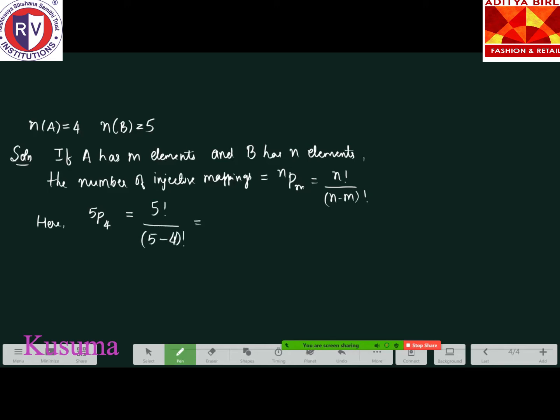So 5 minus 4 is 1, and what is left out is 5 factorial. You know how to expand the factorial, right? So 5 factorial is nothing but 5 into 4 into 3 into 2 into 1, which is equal to 120. Therefore, the number of injective mappings that can be defined from the set A to set B is 120. So this is your option D.